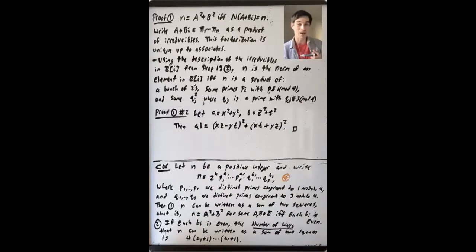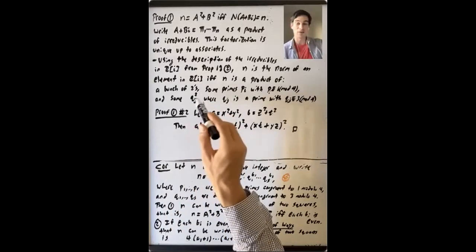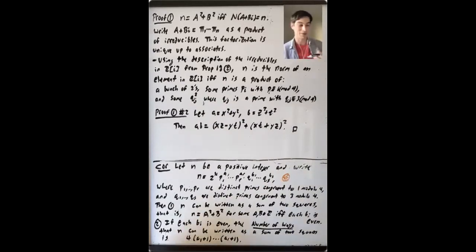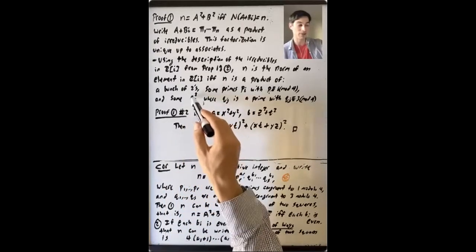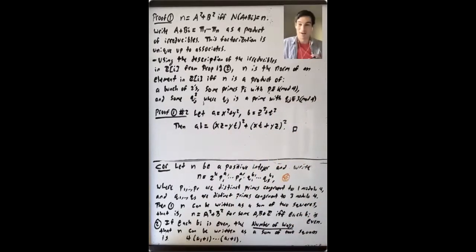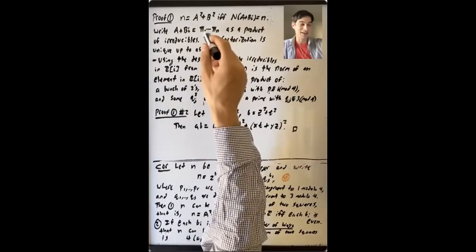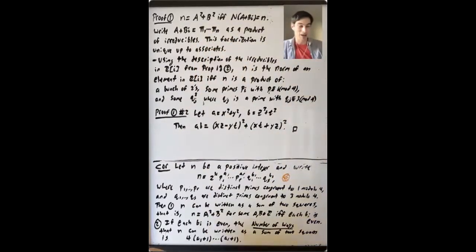But we do have an element of norm q squared for any prime q that is 3 mod 4. So we could always get square factors of primes that are congruent to 3 mod 4. So we're allowed to throw in some q_j squared, where q_j is a prime that is 3 mod 4. Those are the things that we're allowed to combine together in this product of irreducible elements.